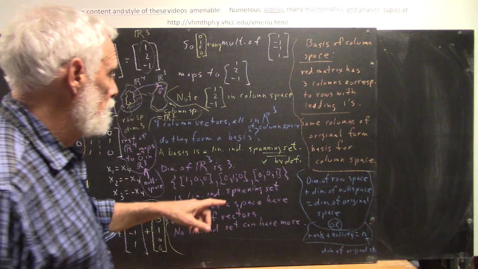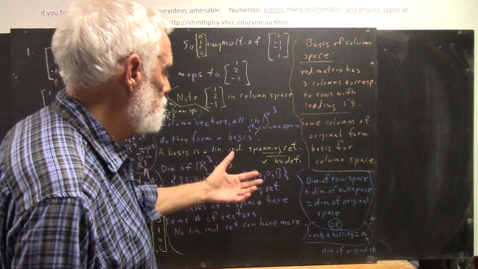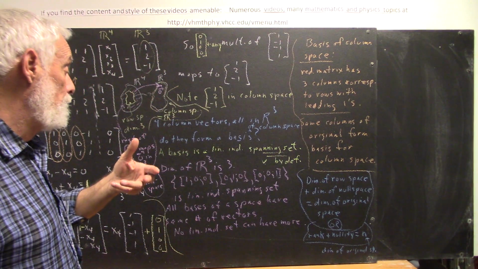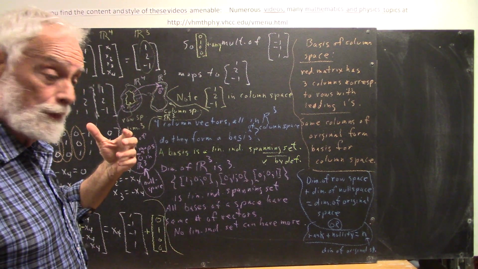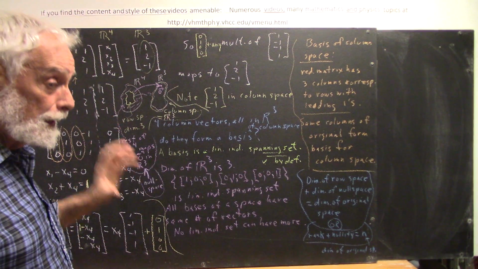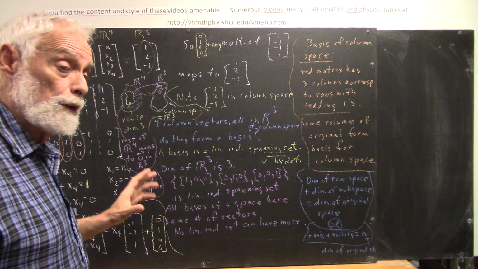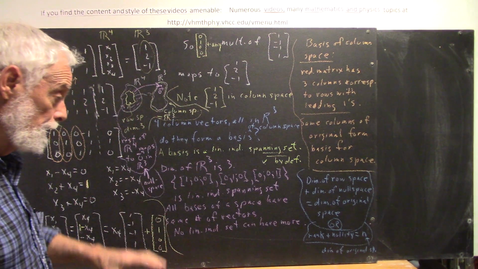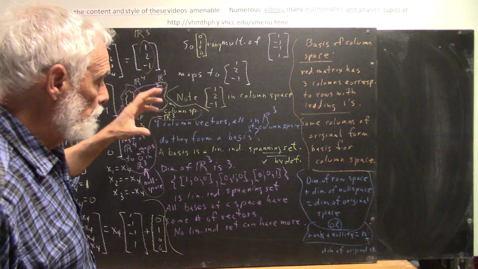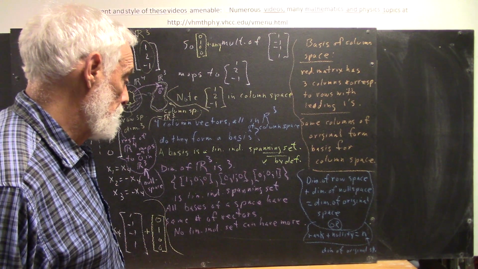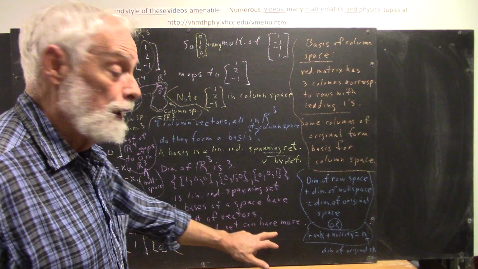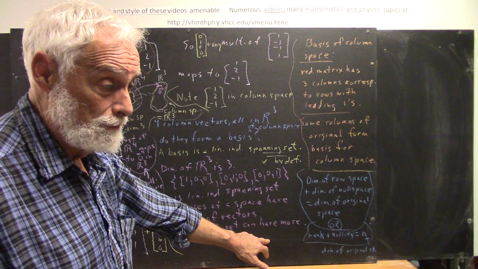All bases of a space, every basis of a space, has the same number of vectors. And the number of vectors in any linearly independent spanning set, in any basis, is the same as in any of the others, and that number is the dimension of the space. And no linearly independent set can have more vectors than a basis.